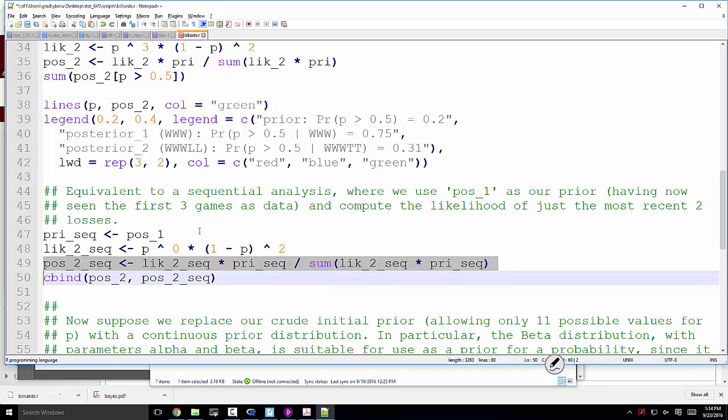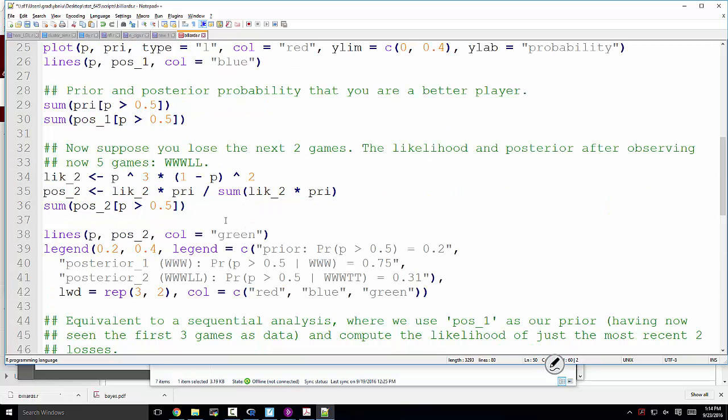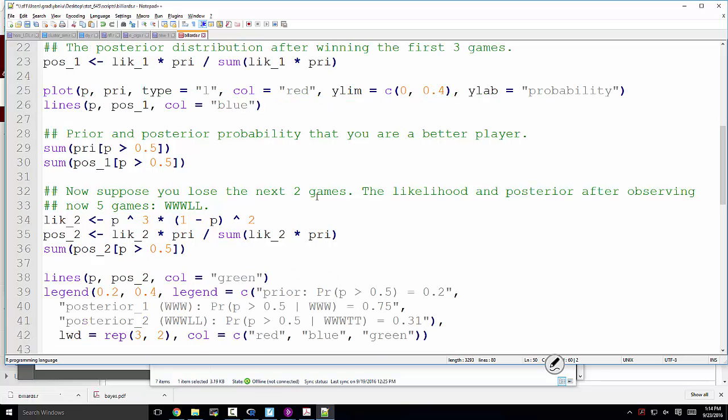Doing it that way, sequentially, observing some data, incorporating your prior with a likelihood to get a new posterior, and then starting from there as if you have a new prior, is equivalent to saying, after losing the next 2 games, let's just combine our prior with now this full record: win, win, win, loss, loss.